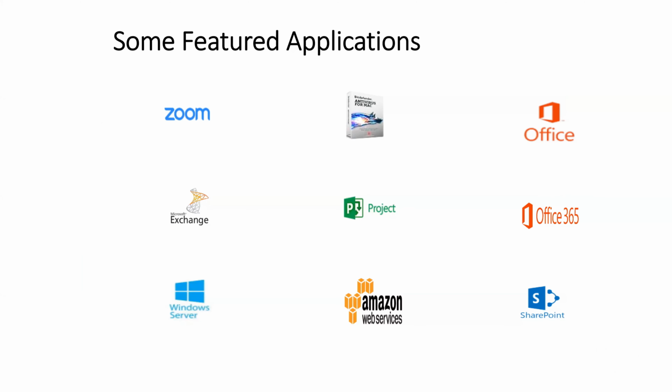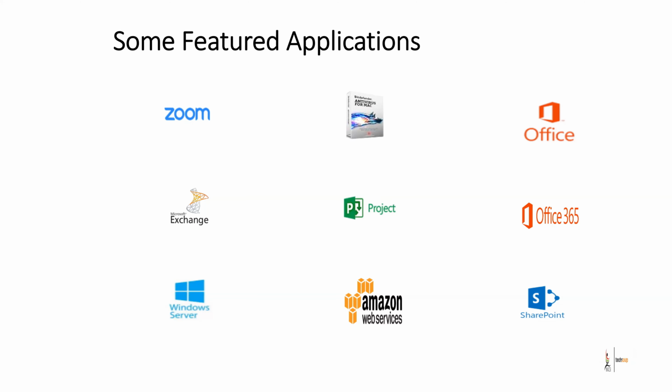Okay, some of the featured applications under the Techsoup program are Zoom, like what we are using for this particular webinar, and then Bitdefender Antivirus, which will help you secure your computers and devices. We also have Microsoft Office, and then we have Microsoft Exchange, that is for emails.